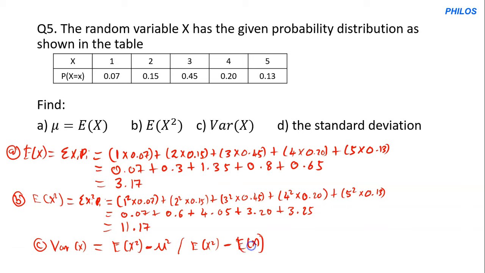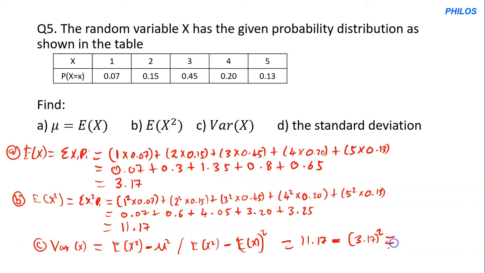The expected value of x is the same as mu, so you can choose to write it like this or like this. From B, we've gotten the expected value of x squared to be 11.17. Then minus, from A also we've gotten the expected value of x to be 3.17. So we substitute the 3.17, but we square it.